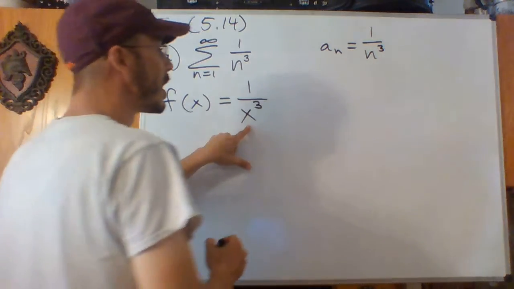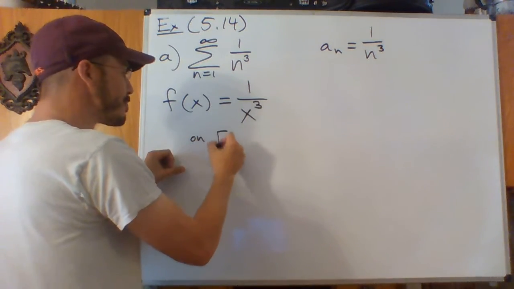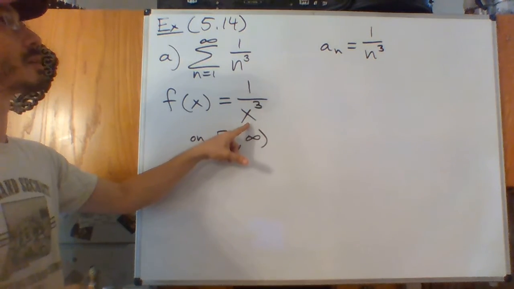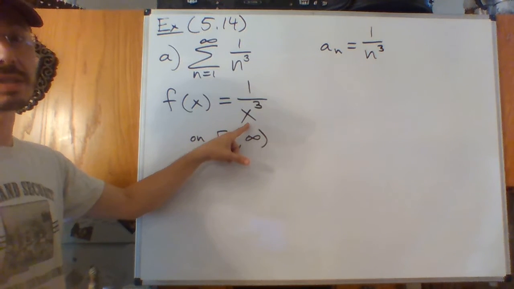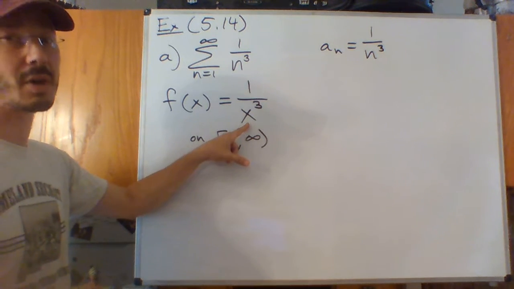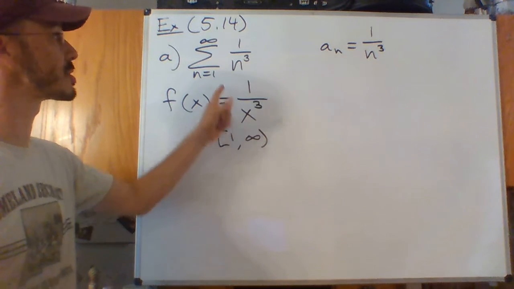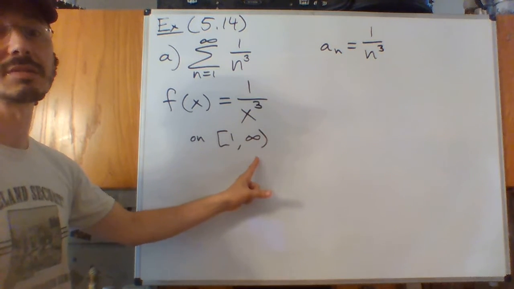That function, and we're really just interested in it on 1 to infinity. I know this function isn't always continuous, or even always positive, but on this interval it is, and that's the only place it matters, because we're summing from 1 to infinity, we're going to integrate from 1 to infinity.